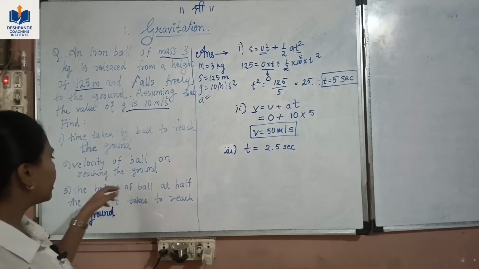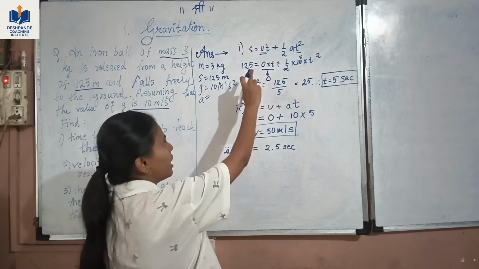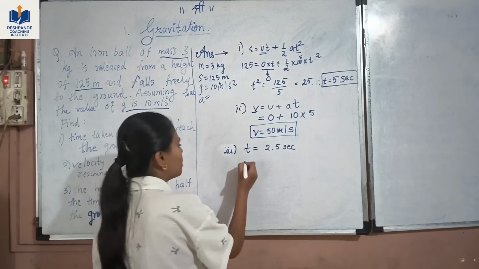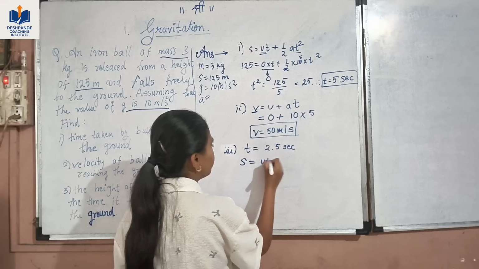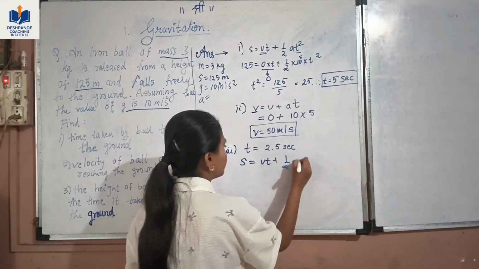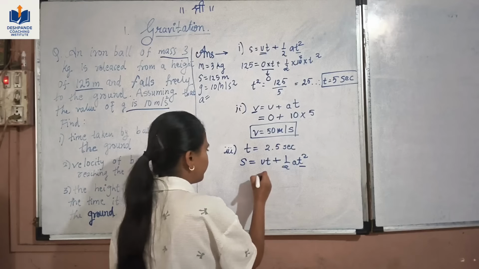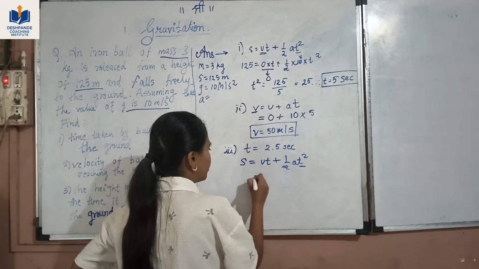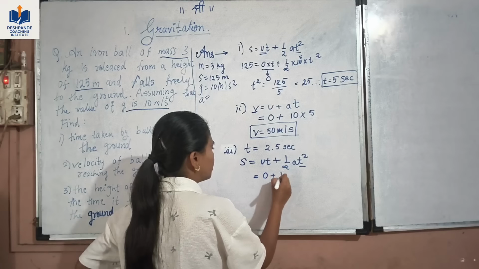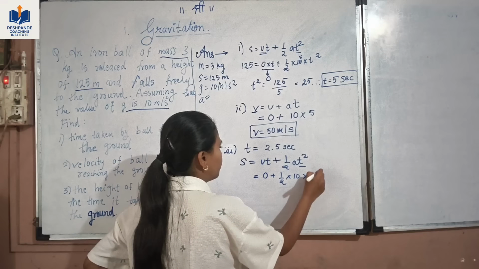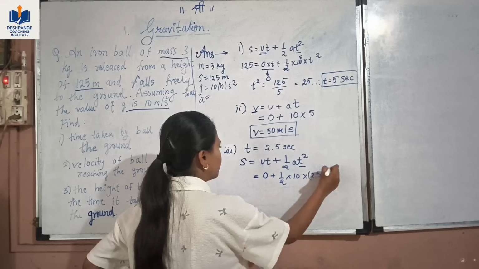Okay. So, the height of the ball. We will again use this equation to find the height, that is the displacement. So, s is equal to ut plus half at square. This time we will put t as 2.5. So, s is equal to u is 0 plus 1 by 2 into 10 into 2.5 square.